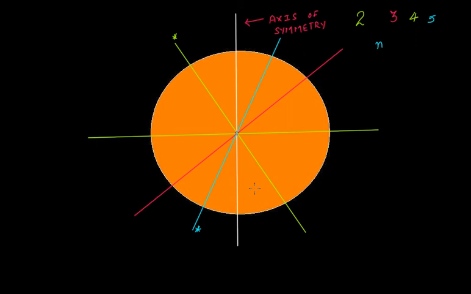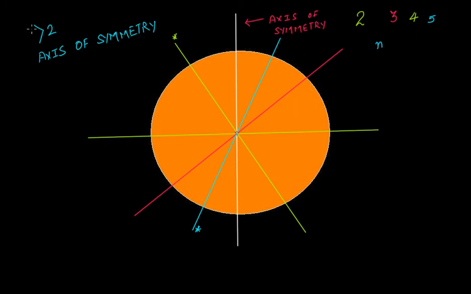So if you have more than two axes of symmetry, I'm really very sorry, I used axes of symmetries, that was wrong, it's axis of symmetry.